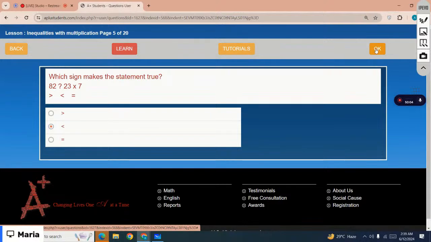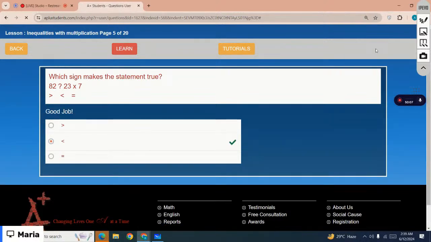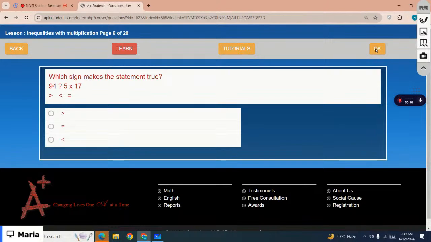Less it is. Okay, the next one is 94 and 5 times 17. 94 is greater than 5 times 17, right? Greater it is.